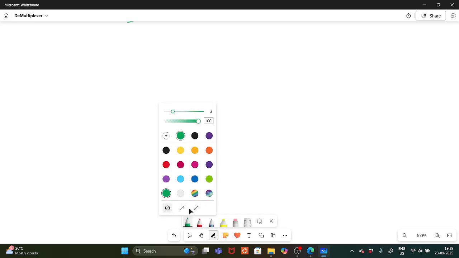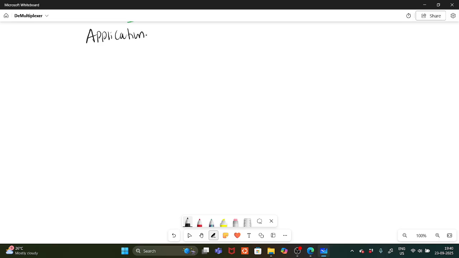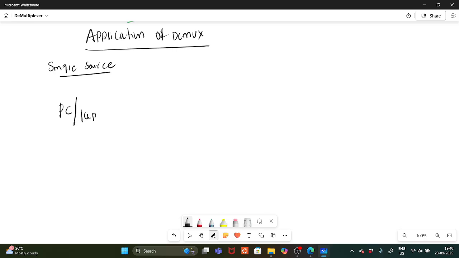What are the applications of DeMux? We'll see. Suppose you take a single source, maybe a personal computer or laptop.